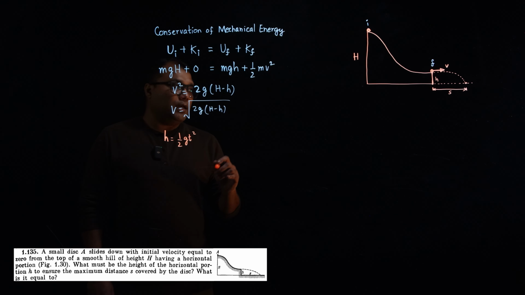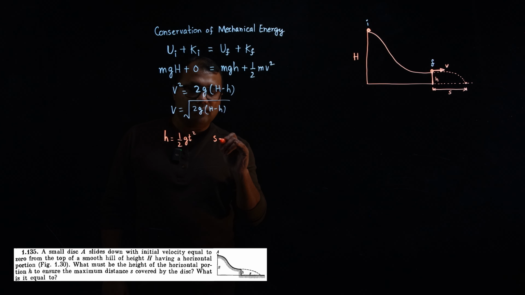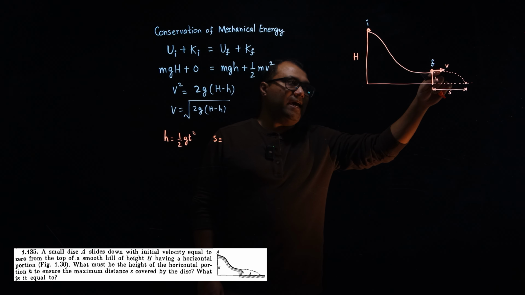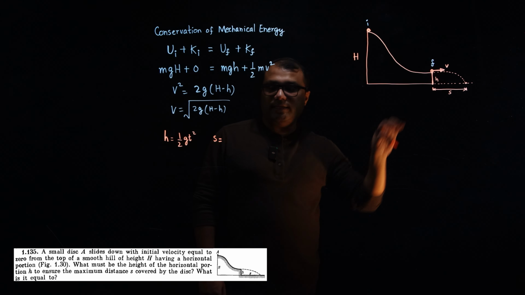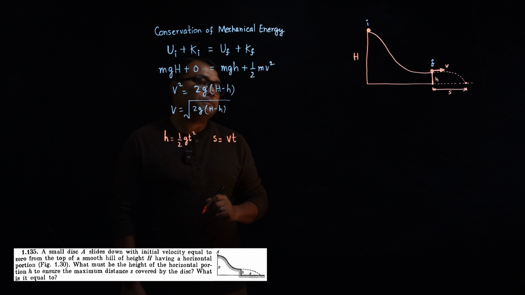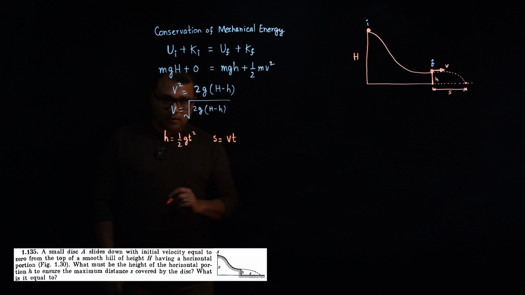okay, and we can also write s is, there is no effect of gravity on this velocity because this is horizontal velocity, so this will be vt, okay.